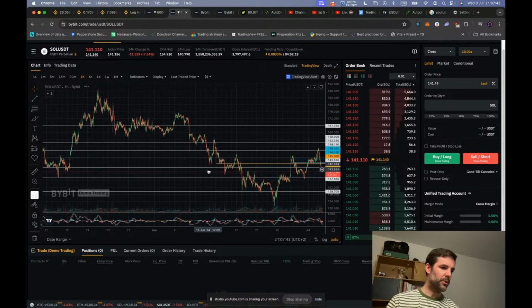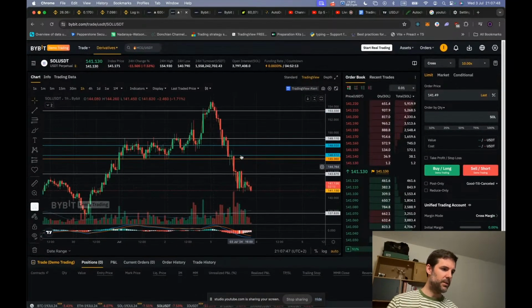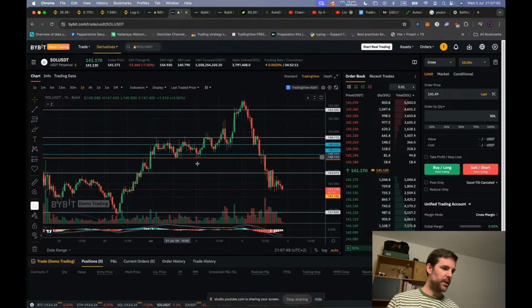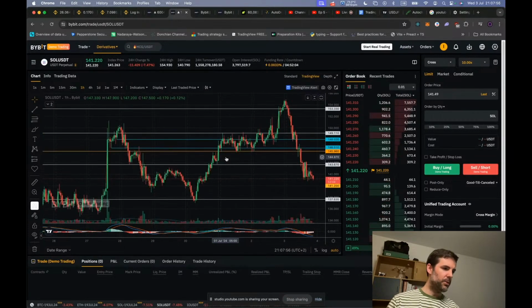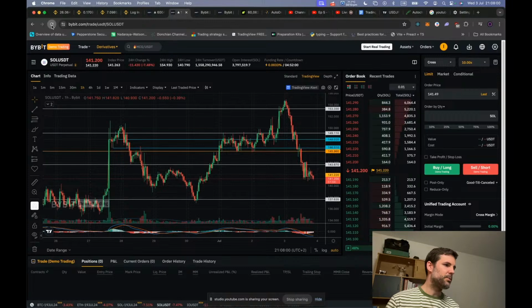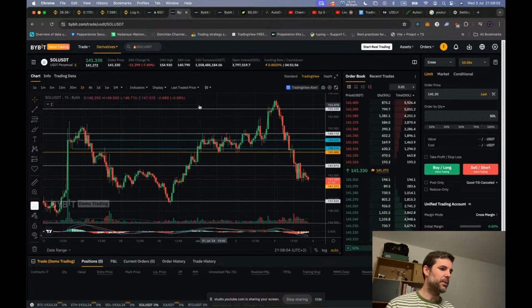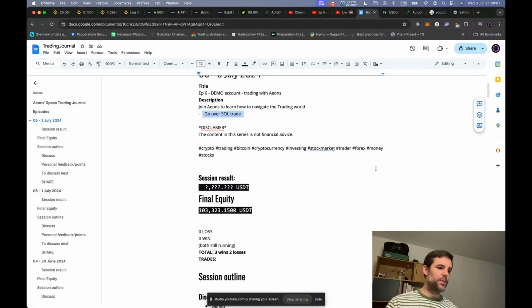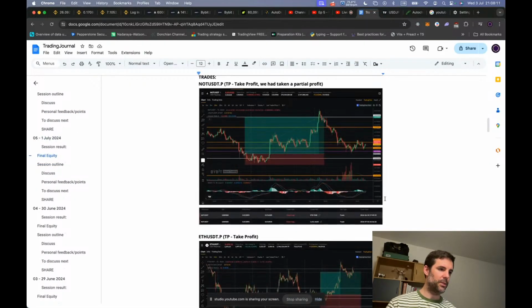So let's move it to 1 hour candles. So we had our trade. We do not know when we had our trade because Bybit seems to remove the stuff we had built. Did we screenshot? No, we didn't. So always screenshot when we build.